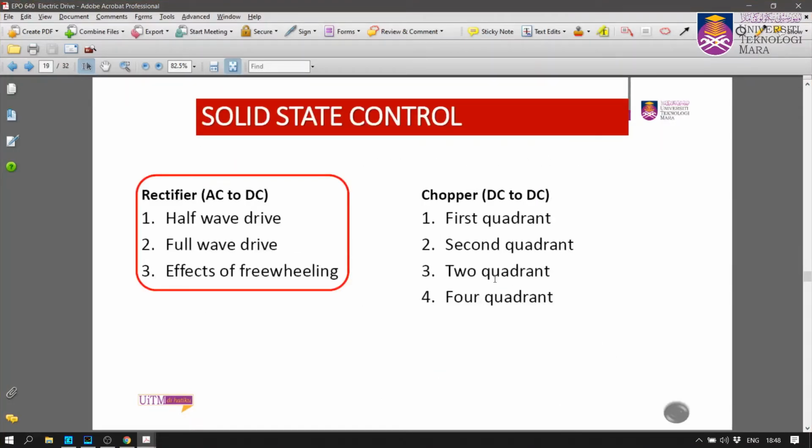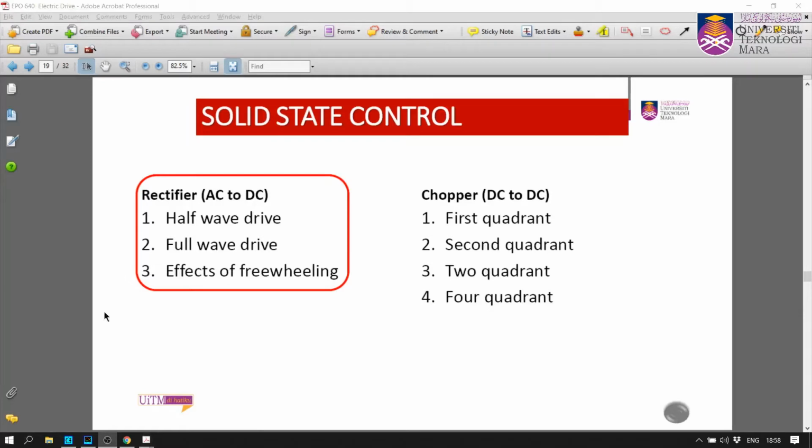Okay, so now we're going to look at the drives. I did mention that we can have an AC input, or can also have a DC input. We start with the AC input, so we have this rectifier.